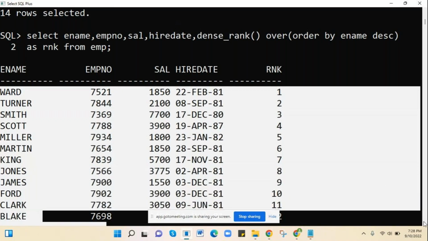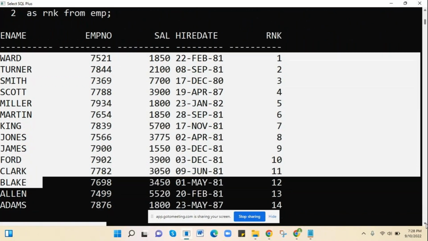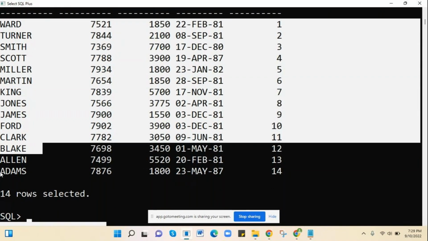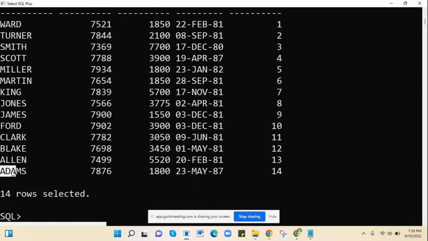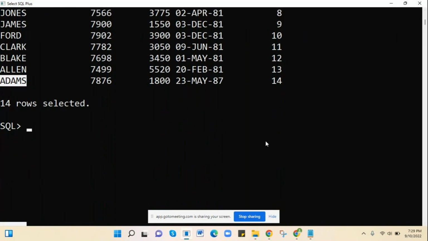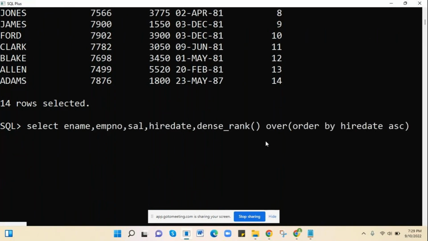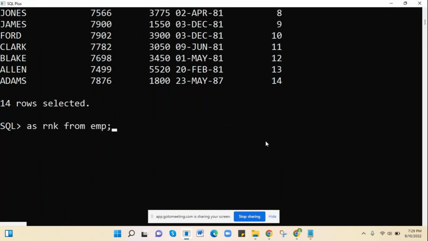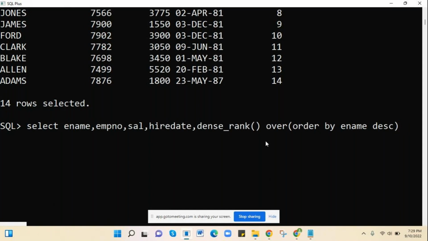It will give by ASCII value. It is not by number of characters, or by alphabets. It is nothing but ASCII value. Descending. If you want ascending, use ascending order.